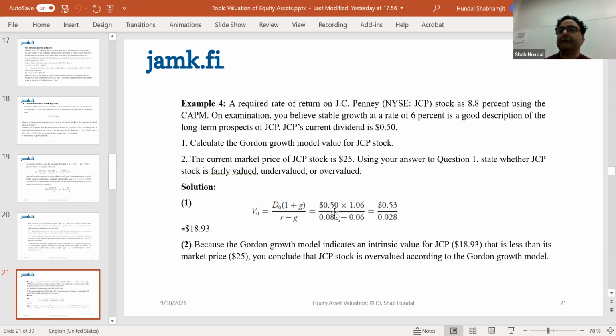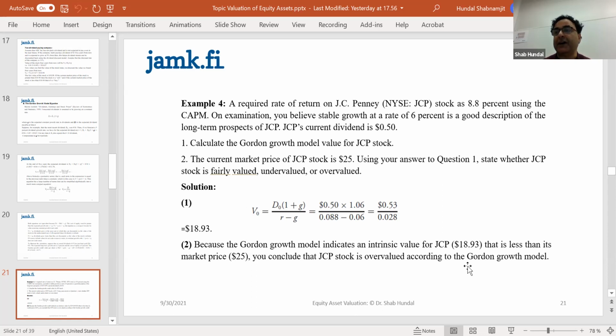So we multiply 50 by 1.06. So next year, the dividend is expected to be 53 cents, divided by the difference between the discount rate and the growth rate of dividend. And it comes to be 18.93. So 18.93 is the fair value of the company stock.